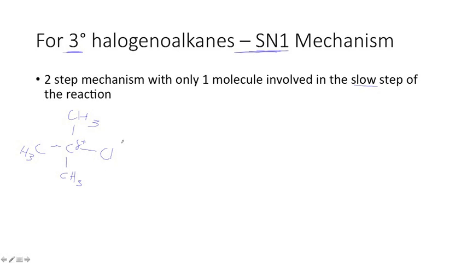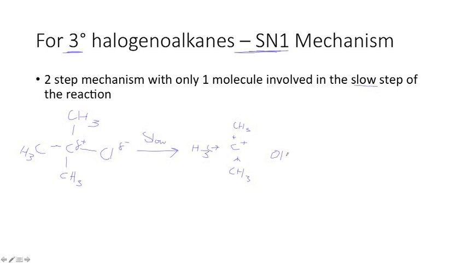So we're going to have this dipole set up here, and this can move into our slow step, which only involves one molecule here, and we can then move on to this having a full positive charge, because it becomes a stable carbocation, because as these groups are electron donating, they increase the electron density here, and that makes it a more stable carbocation. It stabilizes the positive charge.